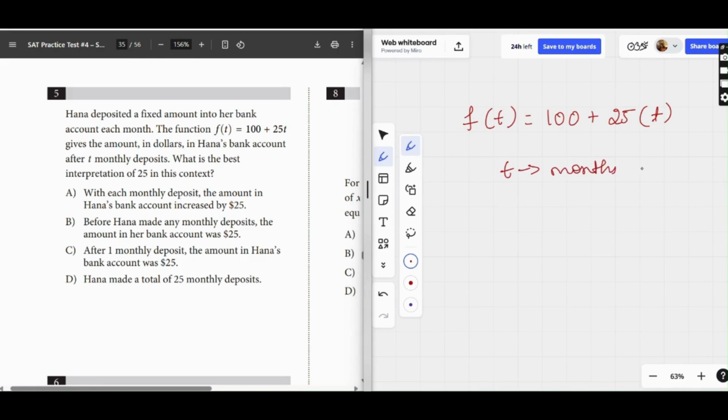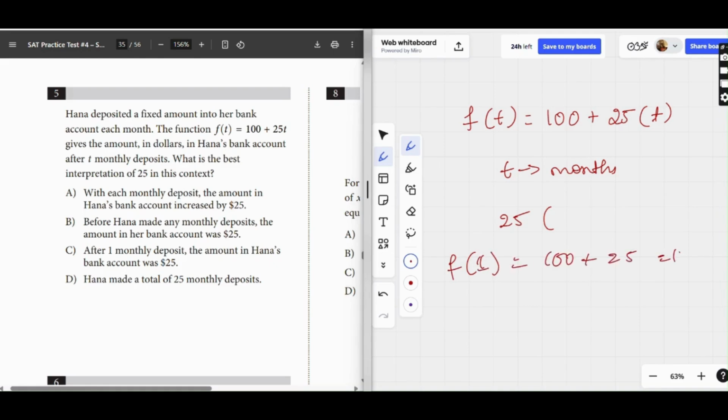What does t represent? Dollars in Hannah's bank account after t monthly deposits. So t represents the time in months.